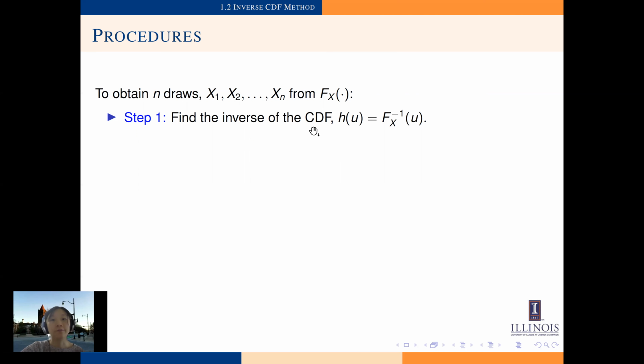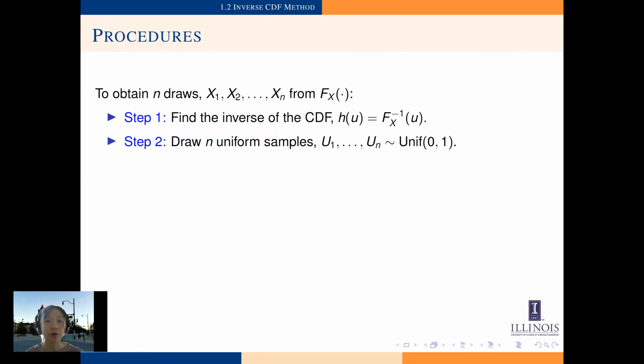Let's denote this inverse function by h, where h of u is equal to F_X inverse of u. So it's the inverse function of the CDF of X. The second step is to draw n uniform samples, u1 all the way up to un, from the uniform distribution between 0 and 1.